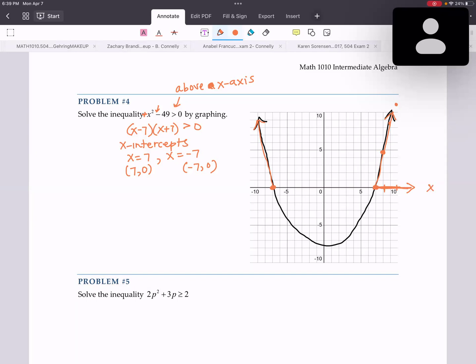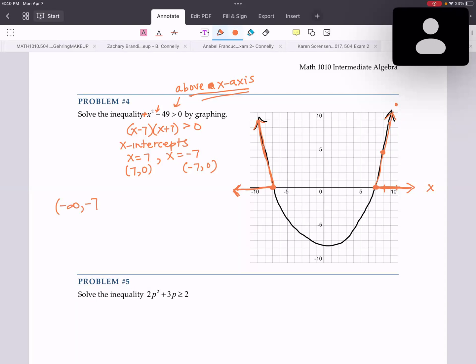And similarly, going the other way, I've got more x's over here, because that is the part of the graph that is above the x-axis, where all of these x's are. So when I write this down in interval notation, remember you always write interval notation from left to right. So how far to the left is this going? Well, it's going to go out to -infinity up to -7.